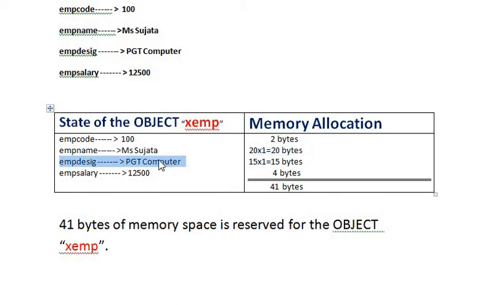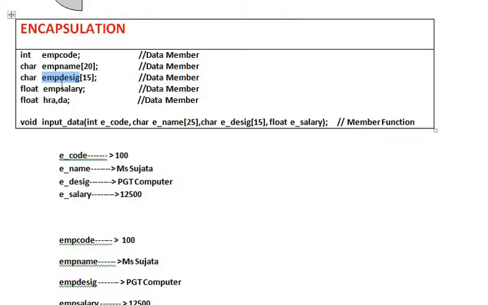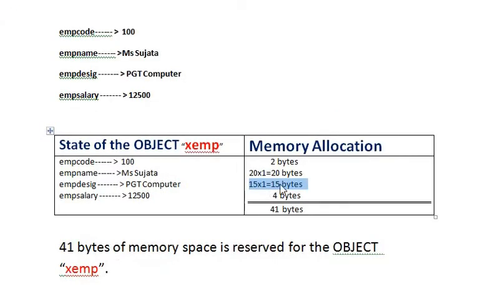Again, when the parameter value PGT computer gets assigned to the data member emp_desig, 15 bytes of memory space shall be reserved. Since emp_desig has the data type char, which occupies 1 byte, 1 into 15, which is the size of this data member emp_desig, gives the total as 15 bytes.